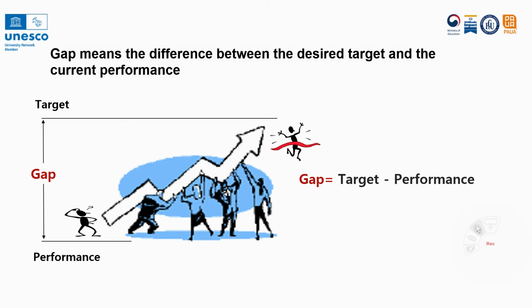But at the same time, we have to consider our current performance. Once we identify the gap, we will do our best to build the business strategies and to achieve the target numbers. So gap is target minus performance.